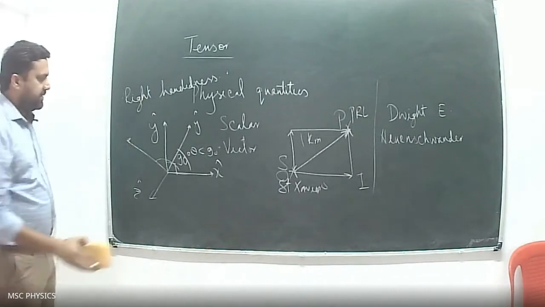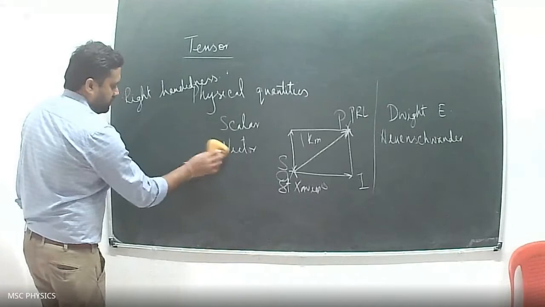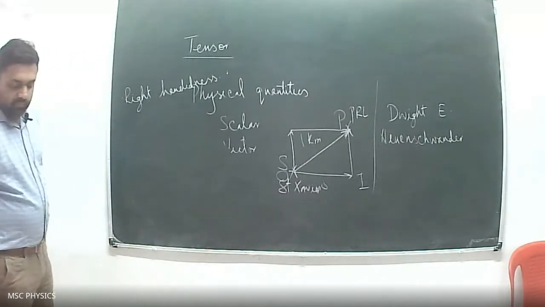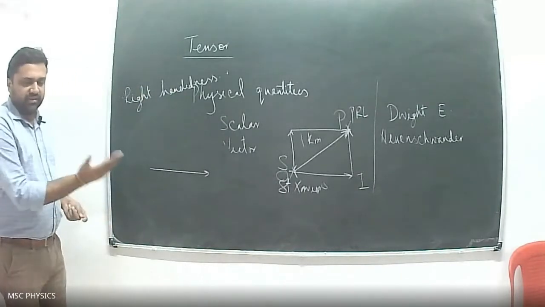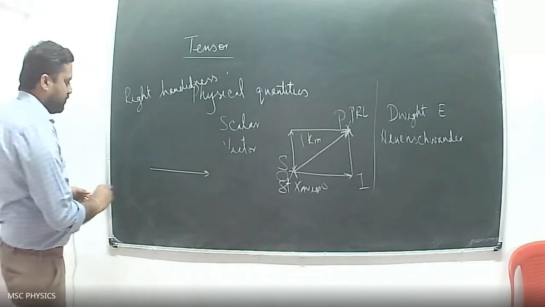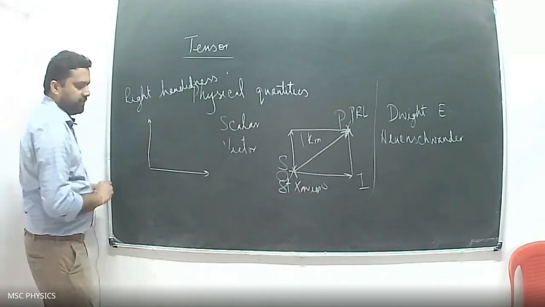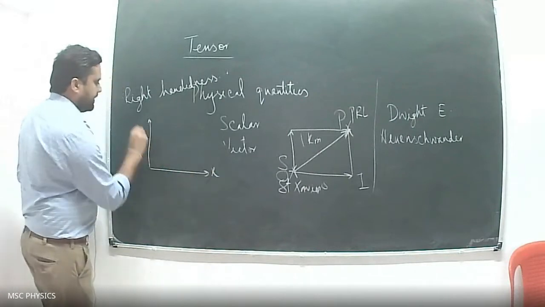What do I mean by that? It is this. If this is my x direction, I will place my right hand fingers along this x direction. Then I'll fold my fingers along the y direction. This is x, this is y.